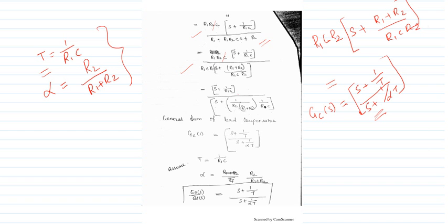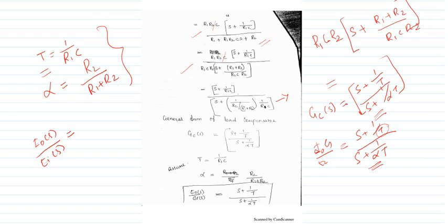So after making this simplification, my expression is going to be E naught of S by EI of S, which is equal to S plus 1 by T overall S plus 1 by alpha T, because alpha is R2 by R1 plus R2, and T is nothing but 1 by R1 into C. So after making this substitution into the final expression, I will get the Laplace transform of output E naught of S by EI of S equal to S plus 1 by T overall S plus, here you can just look at the term 1 by R2 by R1 plus R2 into 1 by R1C.